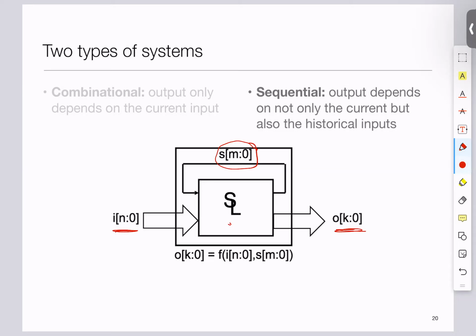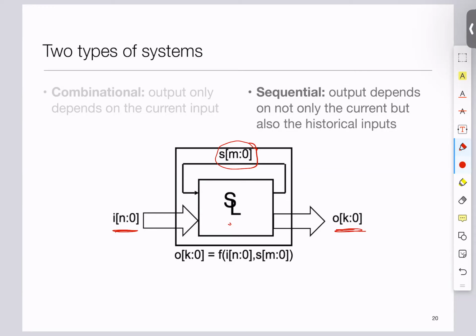So just to ask, for example, what will be a good example? Let's say I'm monitoring cars coming in, and they can be of different colors.